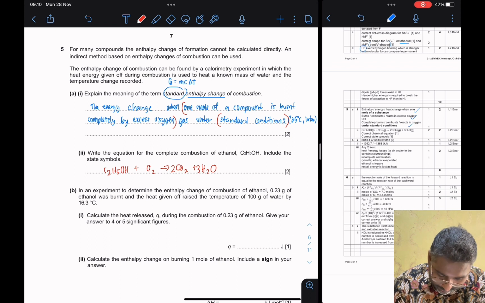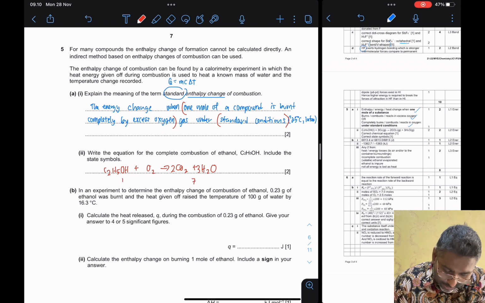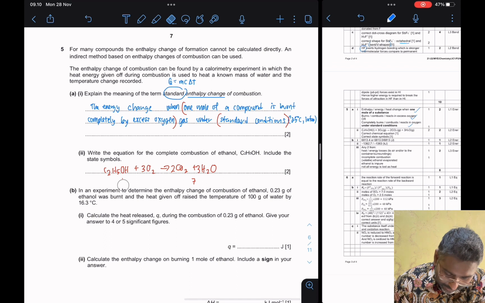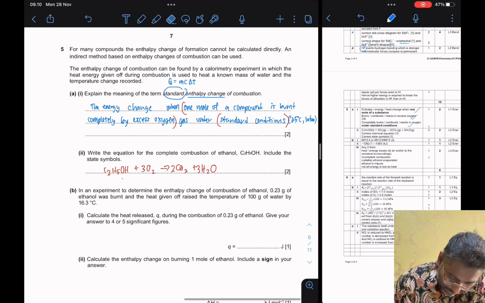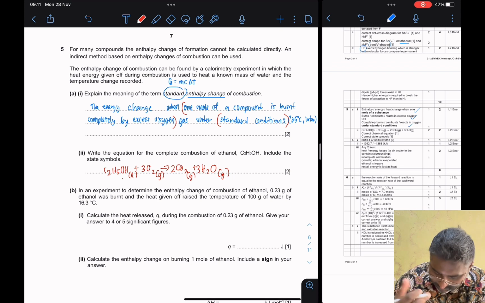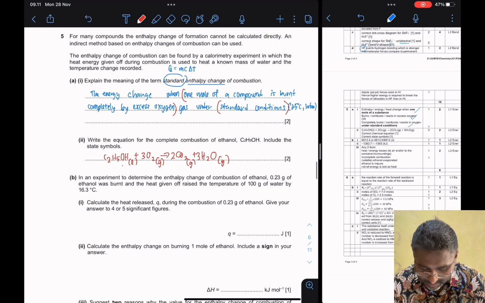Oxygen on the right is going to be 4 and then 3, 7 on the right, and then there is 1 here, so I need 6, so I just put 3 there. So this will be the equation. Ethanol is going to be in liquid form, and then this is gas; when burned the water is in the form of steam.